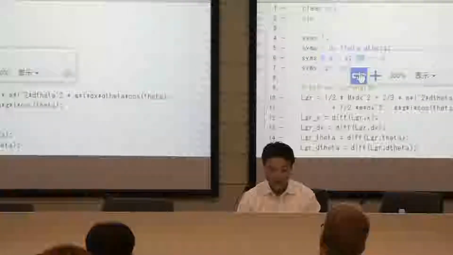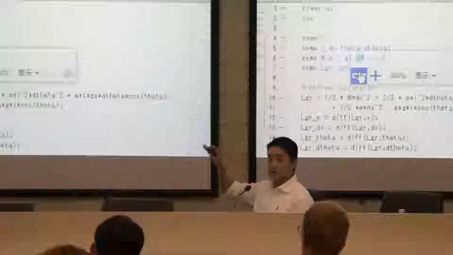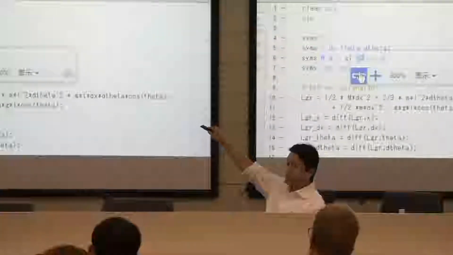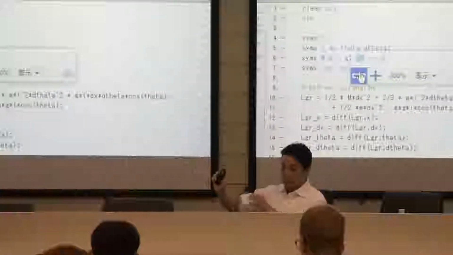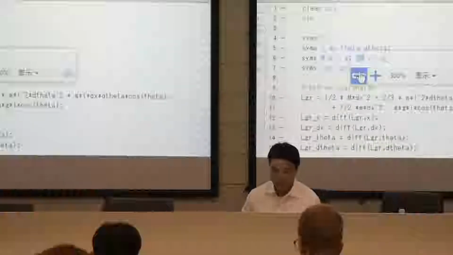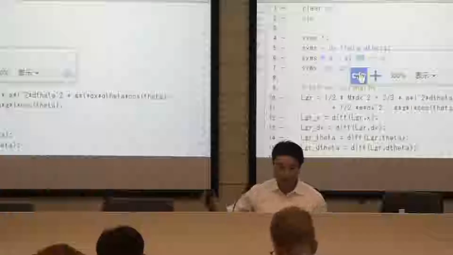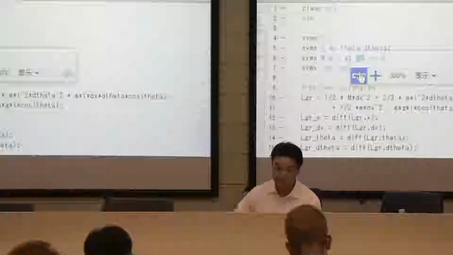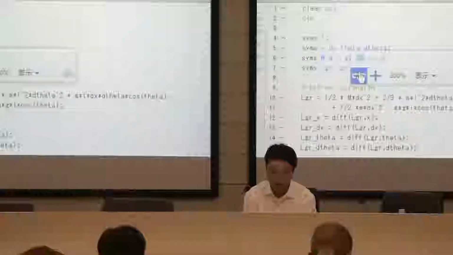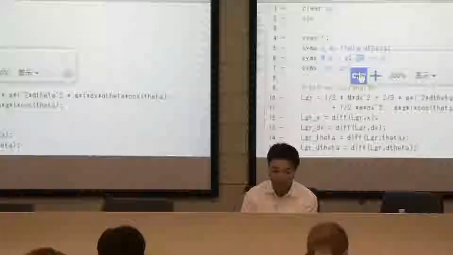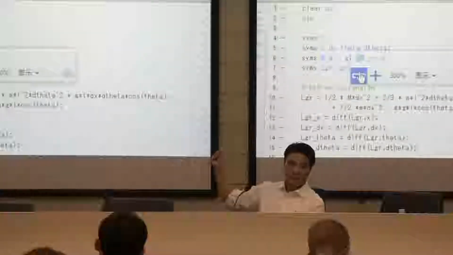Okay. So normally we start with clear all to clear the memory, so that every time MATLAB doesn't get the data mixed up. So always at the beginning, run this clear all, and clear the screen, clc. And I'm going to use the Symbolic Math Toolbox because this Lagrangian is a little complicated.